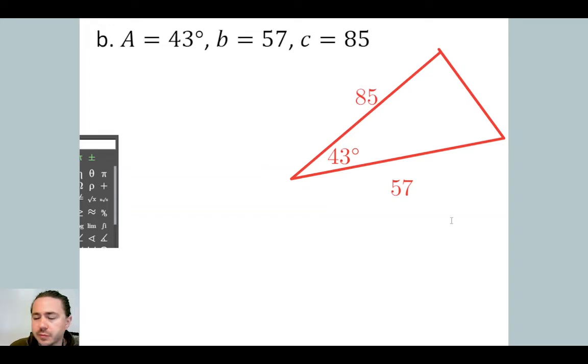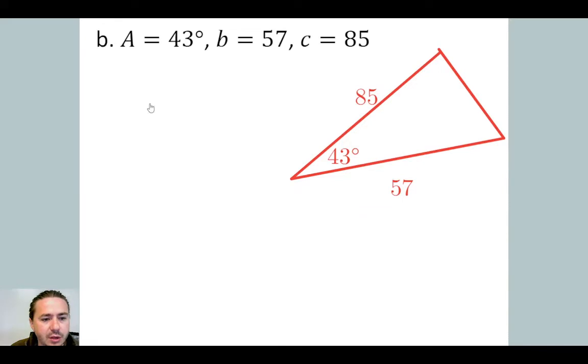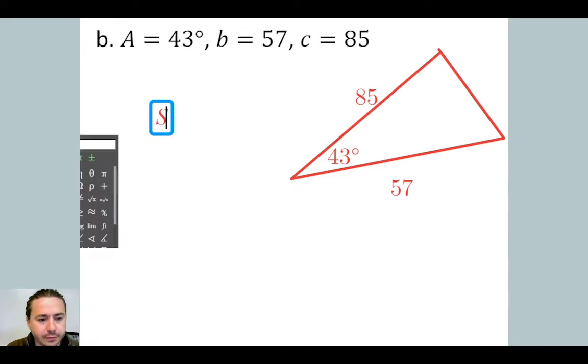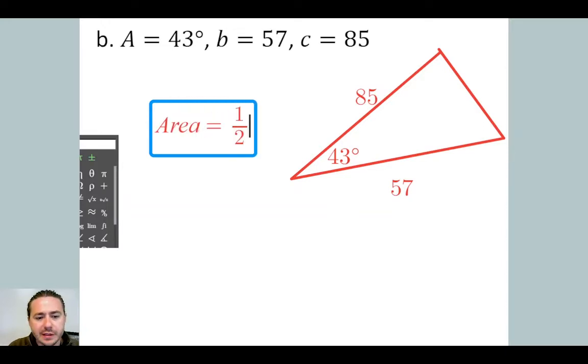Okay, so here's my triangle, and we are going to use the same formula we've been using for side angle side situations, which looks like this. Really it's based on 1/2 base times height. So the base here I'll use 57, and the height I'll have to calculate using the angle measure.